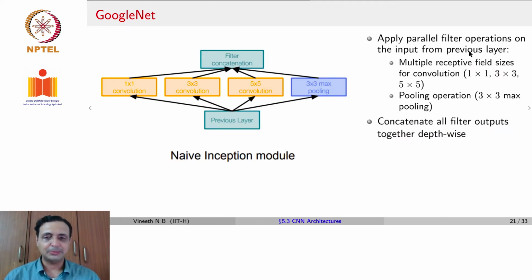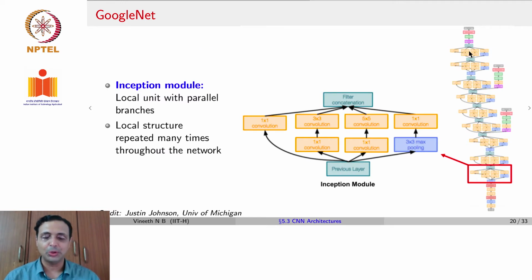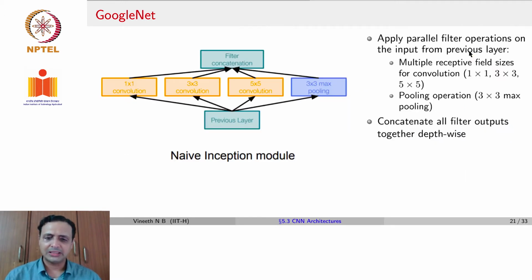So this was the final Inception Module that was in the architecture, but let's develop this slowly. The naive Inception Module takes a previous layer. Instead of deciding a particular filter size, or VGG, which always relies only on 3x3, what the GoogleNet designers decided to do was to use multiple such filter sizes in parallel and concatenate all of them.